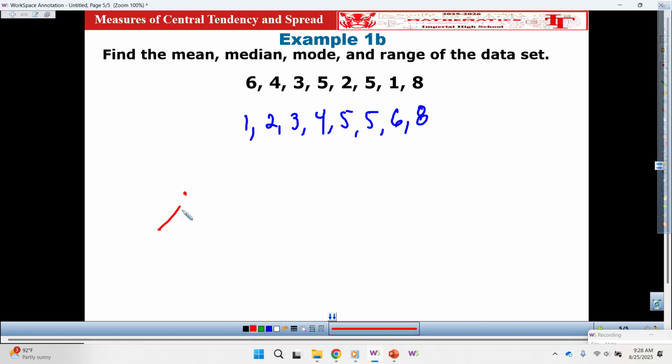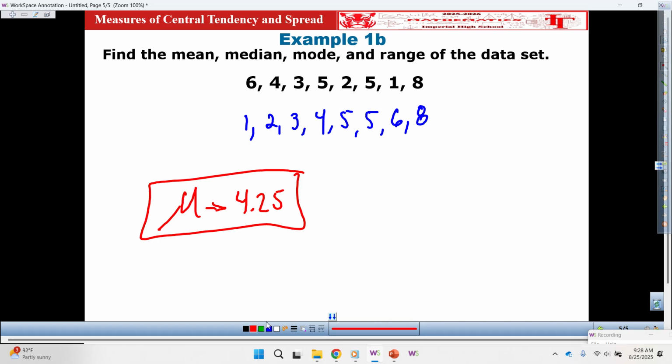Pass someone for the mean. Lucas. 4.25. Hands if you got that. Looks about right. Let's go. Median. Pass someone. 4.5.